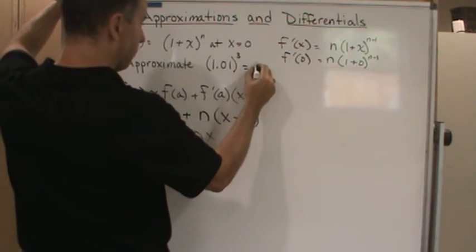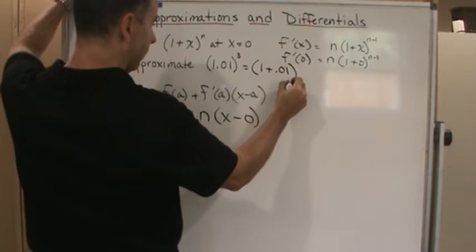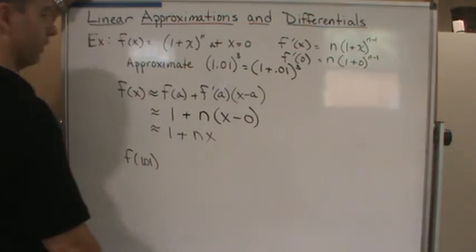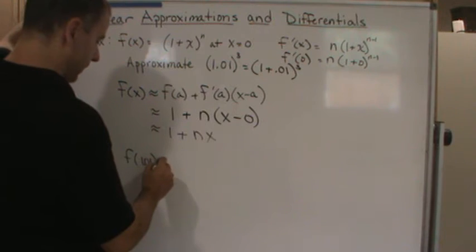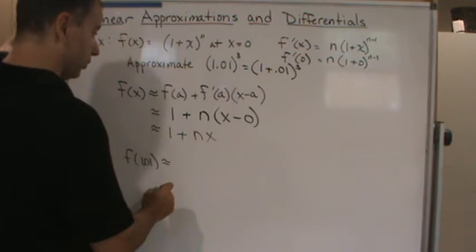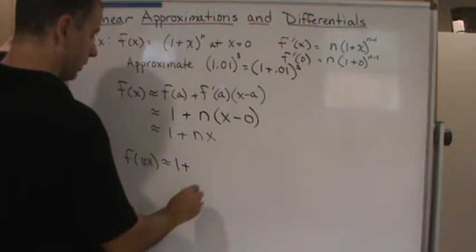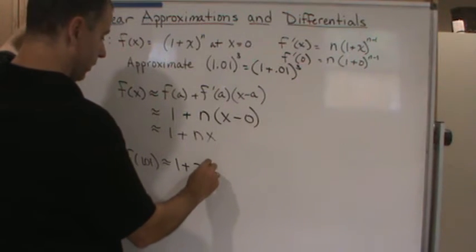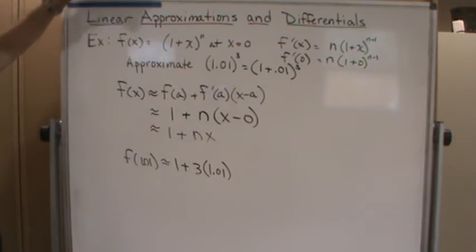And so this can be written as 1 plus 0.01 quantity to the third power, right? So now, that would mean this is going to be approximately equal to 1 plus 3 times 1.01.